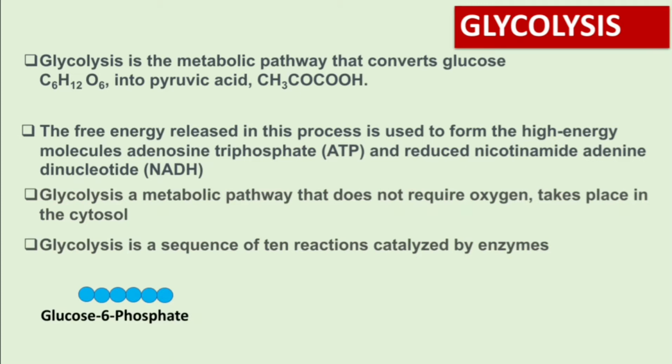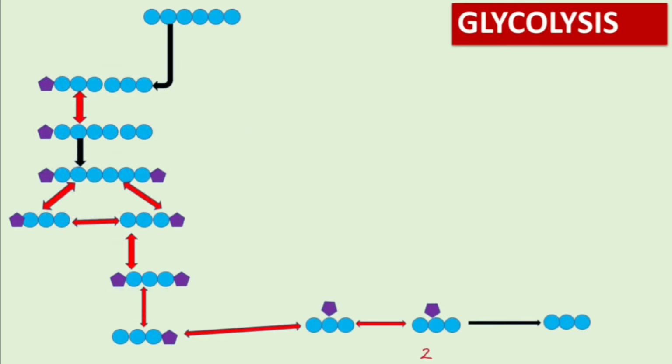Let's say this end is carbon 1 and this end is carbon 6. So glucose 6-phosphate will look like this. But what you need to remember, and I will stress this again, glycolysis does not require oxygen and it takes place in the cytosol. Remember, this is very important.